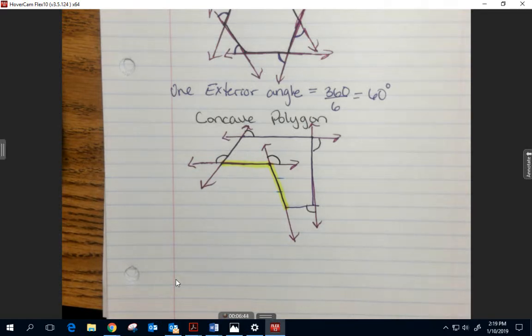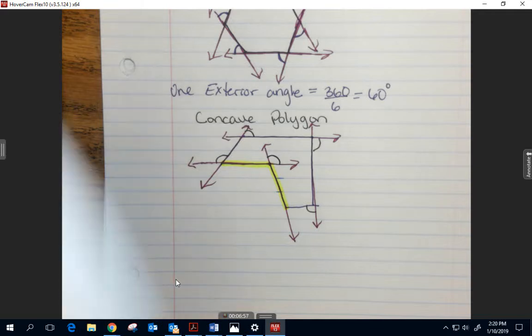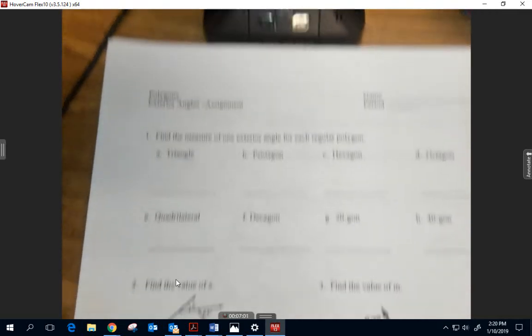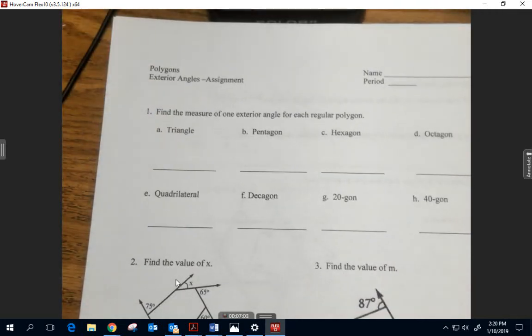So again, what did we find the other day? What were we looking for the other day? What kind of angles? Interior. That's inside, right? The figure. Now we're looking at exterior. And what's the one thing we know for sure about exterior angles?